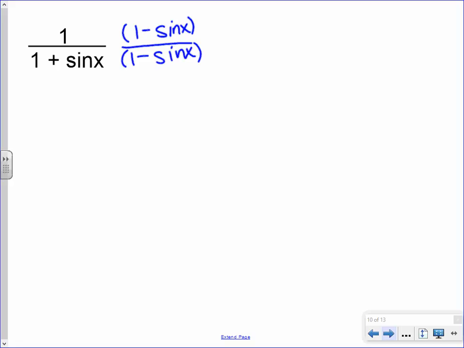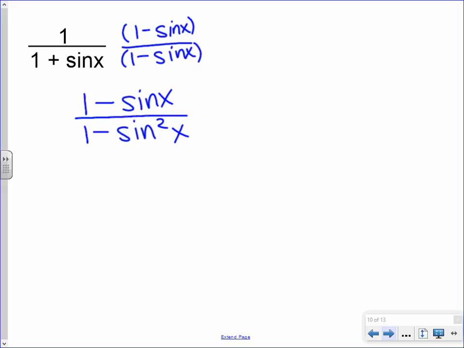Well, Mrs. Holman, why would we do that? This gives us a numerator of 1 minus sine of x and a denominator of 1 minus sine squared of x. Connor did a good job in that last example picking out sine squared plus cosine squared because that equals 1.